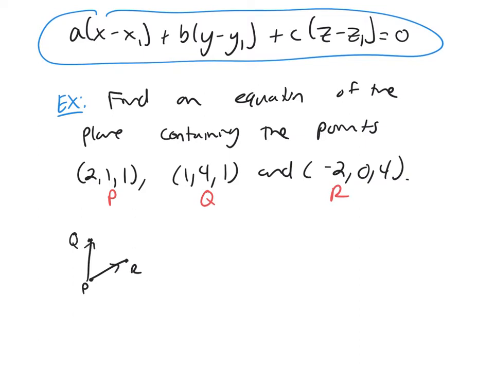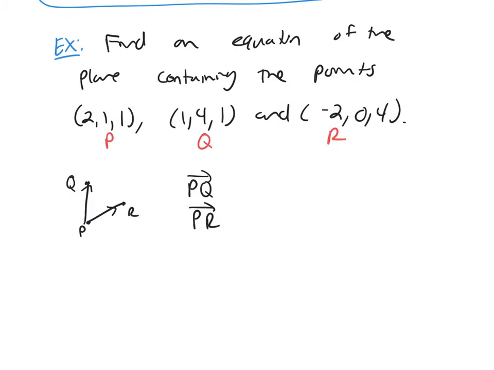And so what we can do is form the vectors PQ and PR. So these are going to be vectors that are in our plane. So let's go ahead and form the vector PQ. Remember, it's terminal minus initial. And then 1 minus 1.